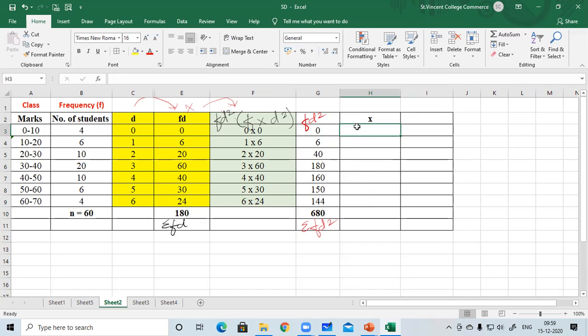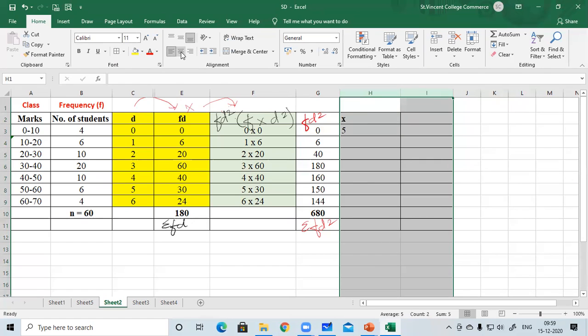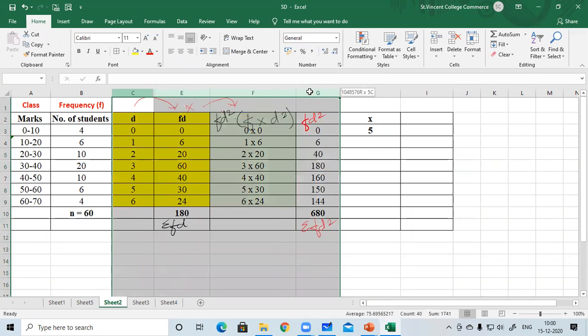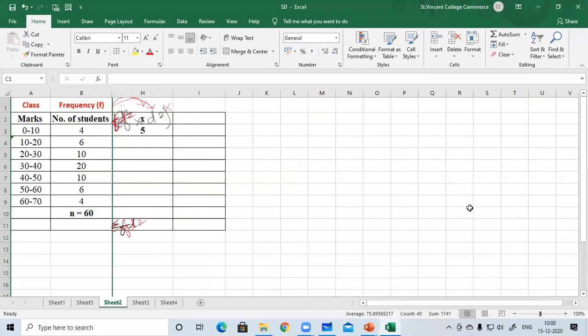So 0 plus 10 divided by 2. How much do you get? You get an answer as 5. Did you get it as 5? Now for your convenience, I'm hiding the other columns so that you'll understand it.